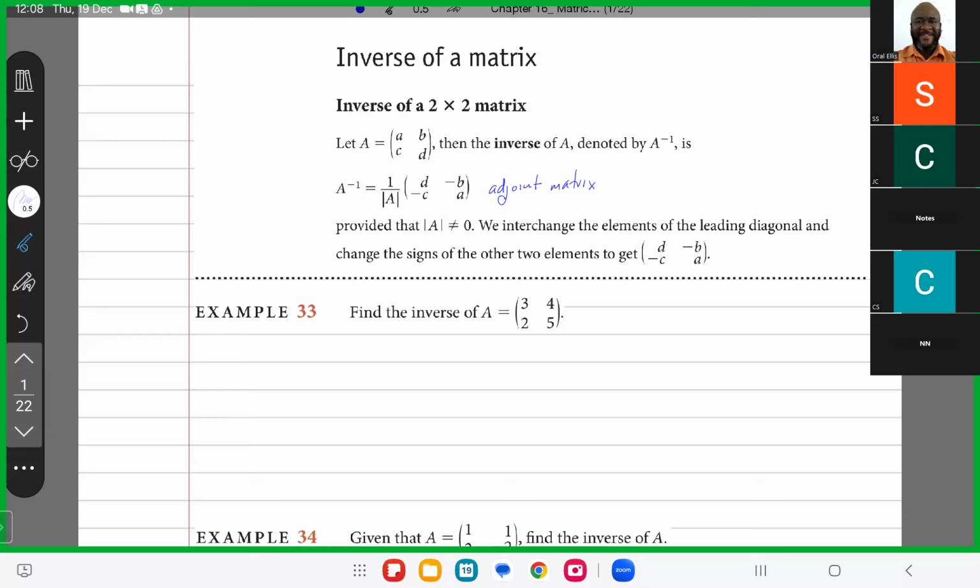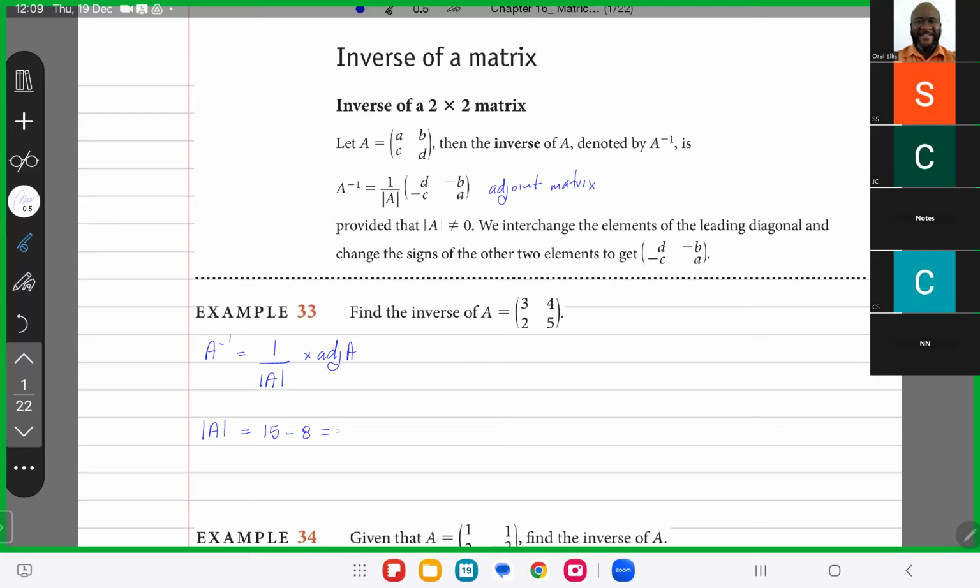So example 2, we're to find the inverse of A. Well, A inverse is 1 over the determinant of A times adjoint A. Now, the determinant of A for a 2 by 2 matrix is 3 times 5, 15, minus 4 times 2, 8.